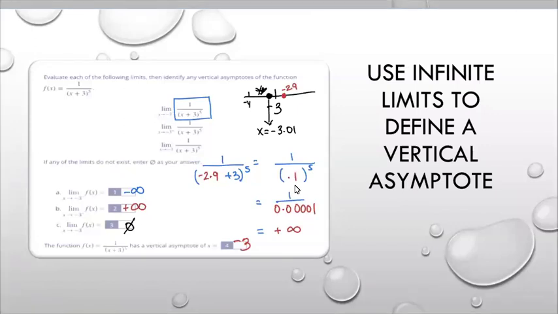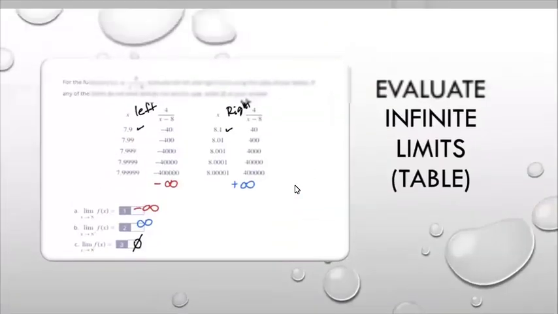Where is that negative 3 coming from? That negative 3 is the value that we're using right here to find our limit. All right, so x equals minus 3 is actually a vertical asymptote because the limits for both of them are going towards infinity, as I showed you before in the graph.